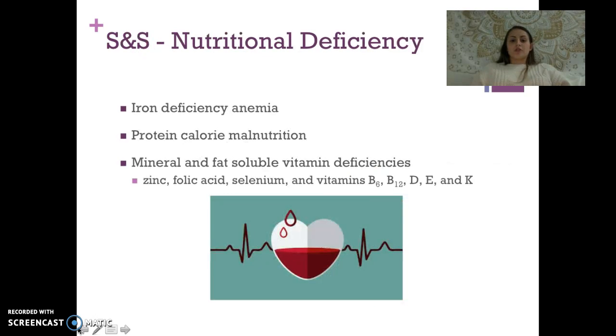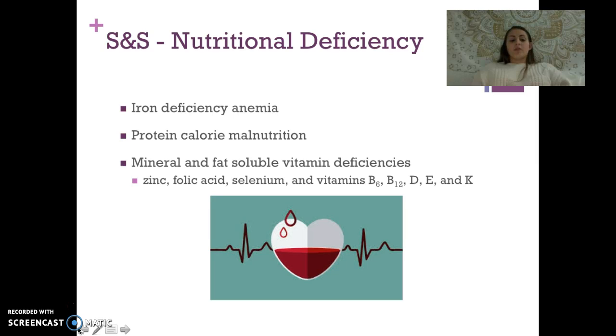In regards to nutritional deficiency, people with celiac disease, more often than not, will have iron deficiency anemia, which means they're not getting enough iron because they're not able to absorb it. They'll also have protein calorie malnutrition. This is really important for athletes or anybody trying to be physically active: make sure you're getting enough protein.